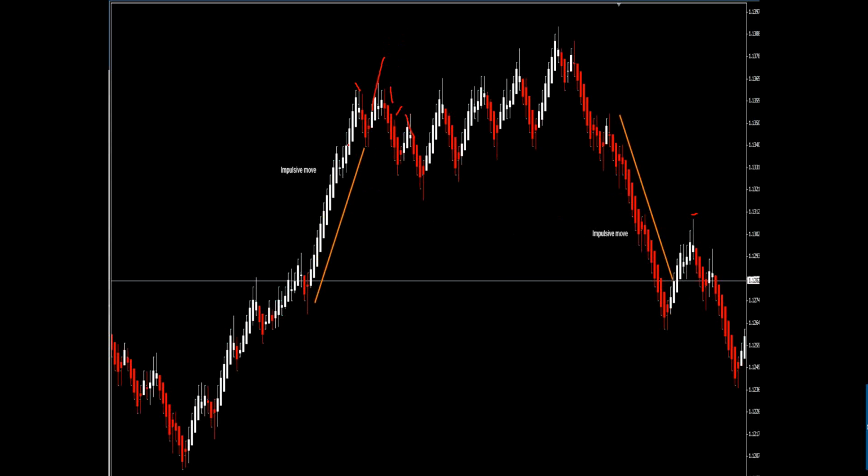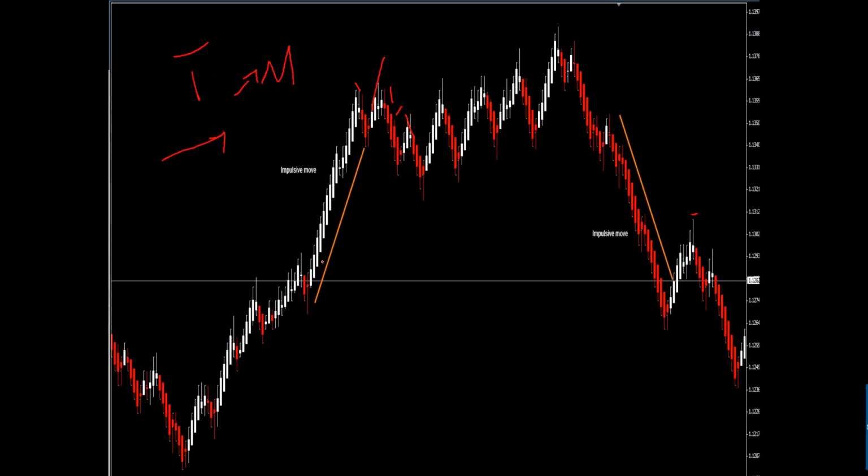You know already what Heiken Ashi candlesticks are, and you can see that they are color coded. When we have white bullish candlesticks, that means there is a trend and there is momentum within the move.